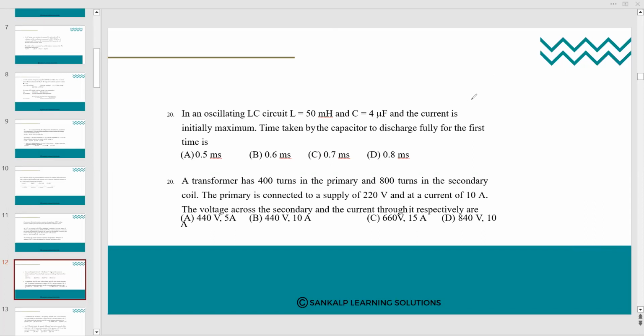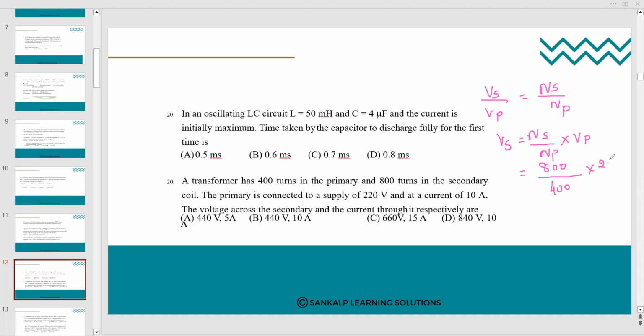For the transformer, Vs divided by Vp is equal to Ns divided by Np. Therefore, Vs is equal to Ns divided by Np into Vp. So this is equal to 800, the number of turns in the secondary coil, divided by the number of turns in the primary coil, into the Vp value.